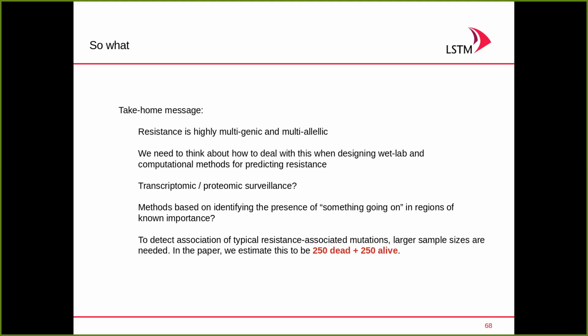Because if the variant is fixed, it means that the variant will be present in the alive and even in the dead phenotypes.